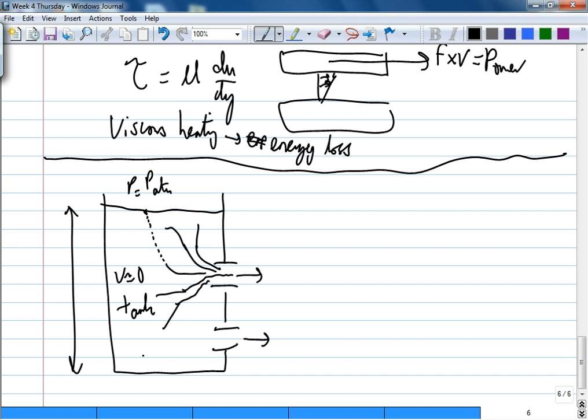Other points you don't know what the pressure is. We know V equals 0. H equals maybe 3 meters. This one maybe 1 meter. This one maybe 1.5 meters. Maybe this one put 0.5 meter.